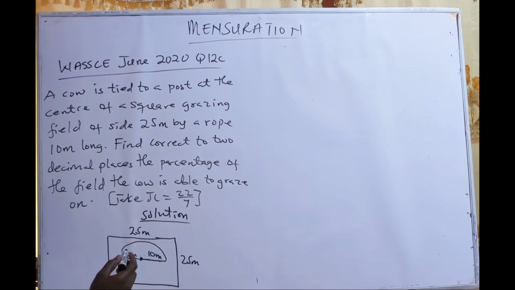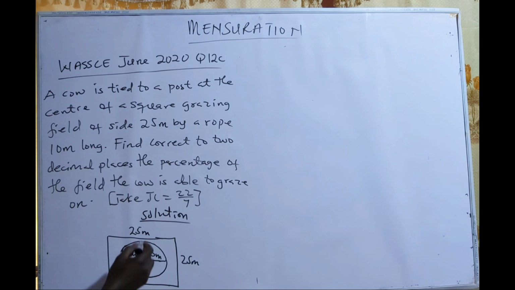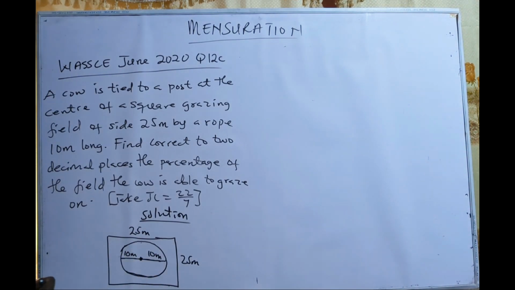The cow can come here by just 10 meters, and the cow can also come here by 10 meters. So this is how our circle is going to be. The cow can only graze on the space covered by the circle.